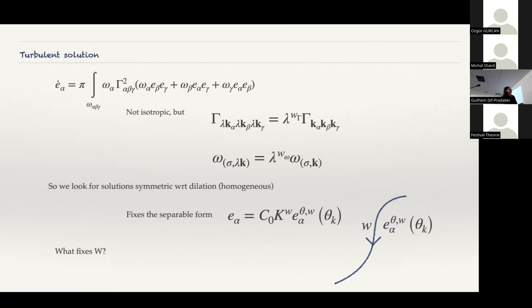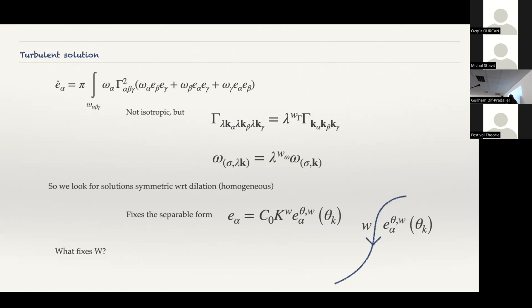As I told you in the problem, nothing is isotropic. But if you look for symmetries of the coefficients in the kinetic equation, they're not isotropic, but they're all symmetric with respect to dilation. If you multiply all the wave vectors by the same scalar, the interaction coefficient has a homogeneity degree, and also omega is homogeneous of degree 0, it's just cosine of theta k.